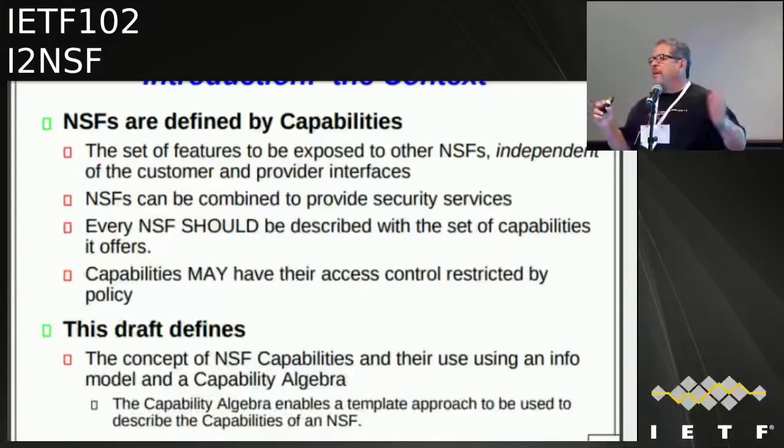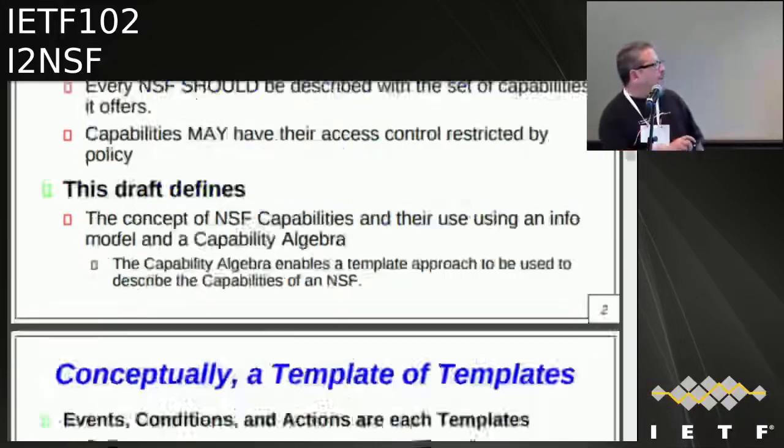So if I'm the security controller and I have sets of capabilities from different NSFs, then using set theory I can construct an algebraic definition, a template, if you will, of the final set of capabilities that are applicable for that NSF. That's very important because otherwise, not only do you not know what features are being used, but you have no idea if the policy rules conflict with each other. So this is a key part of the draft.